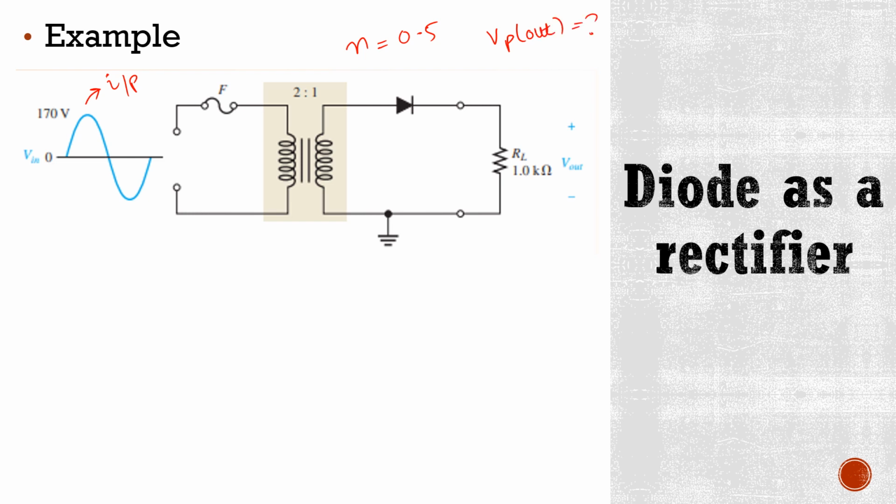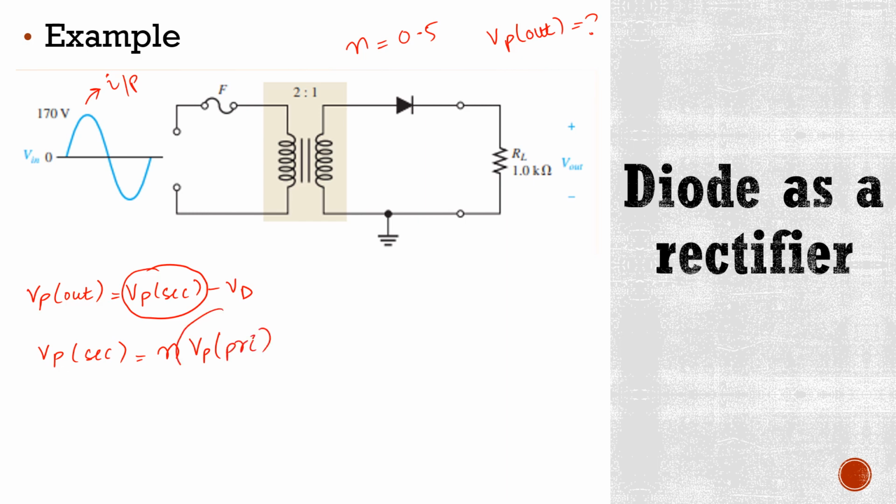We know that the formula of peak output voltage is peak secondary voltage minus diode voltage or voltage drop. Okay. First, we have to find this peak secondary voltage. We know that peak secondary voltage is equal to turns ratio times peak primary voltage.